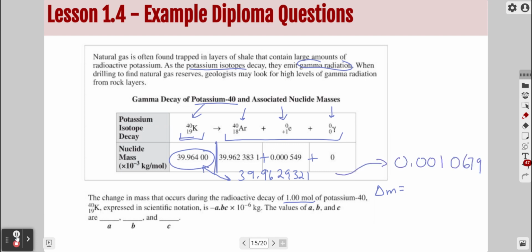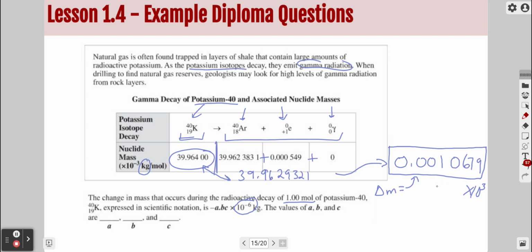All right, and the difference is always going to be positive because you're trying to find how much mass is the difference between the reactants and the products, and this is how much mass has been changed in the reaction. And our units are in kilograms, and it's times 10 to the negative 3 as well, right? This number. However, they're telling us it's already in 10 to the negative 6. So this number times 10 to the negative 3 is the actual number.